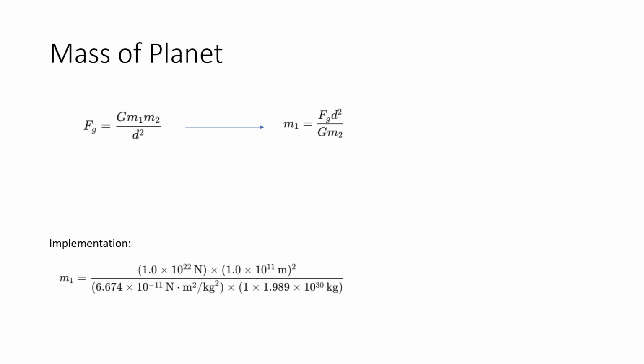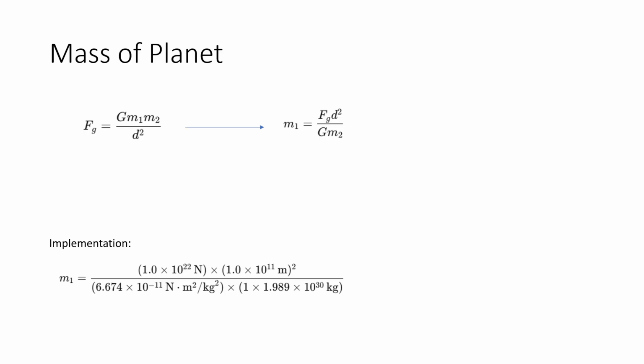And you basically plug in the values for Fg, D, G, which is the gravitational constant, and then M2 to get your M1, right? So, for example, if I had like 1.1 times 10 to the power of 22 newtons for the gravitational force Fg, I would plug it into the equation, and then if I had like 1 solar mass for the star's mass, I would plug it in, and there's an implementation that I put right there they can use.